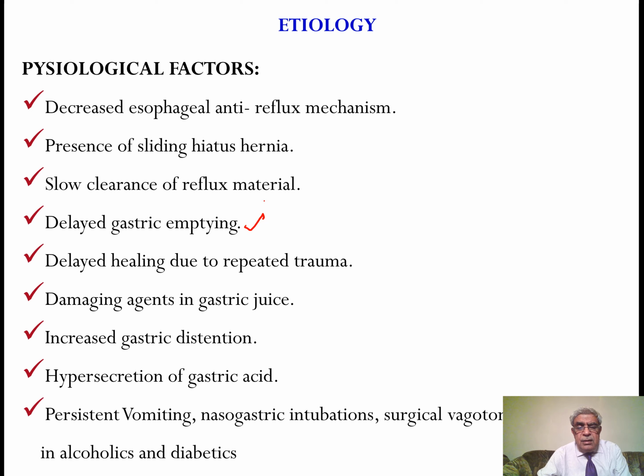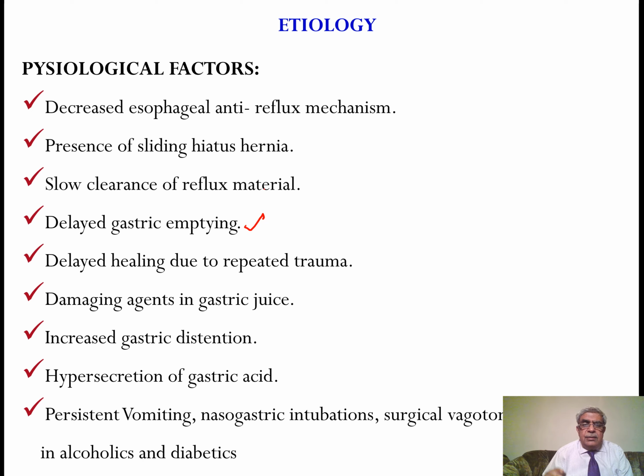Persistent vomiting, nasogastric intubation, surgical vagotomy, neuropathy in alcoholics and diabetics.